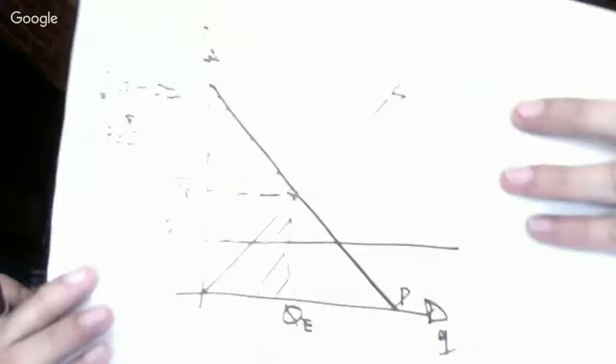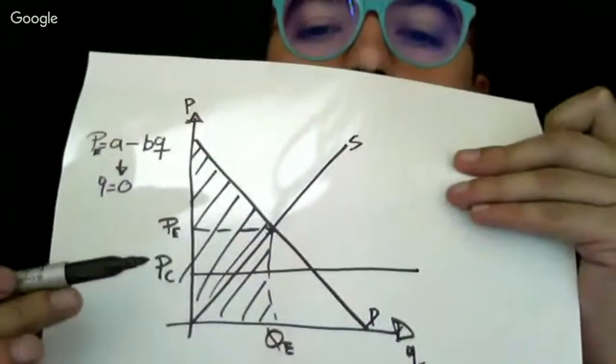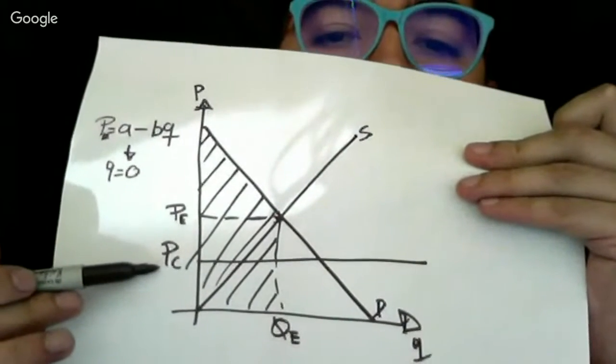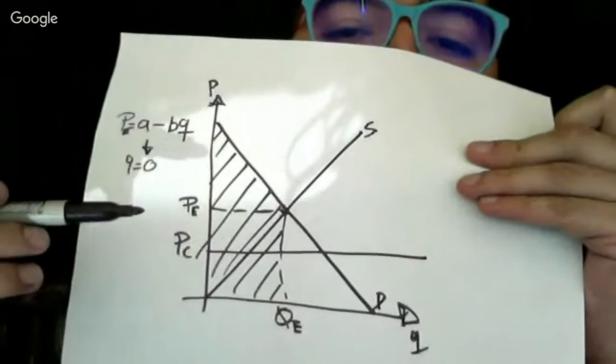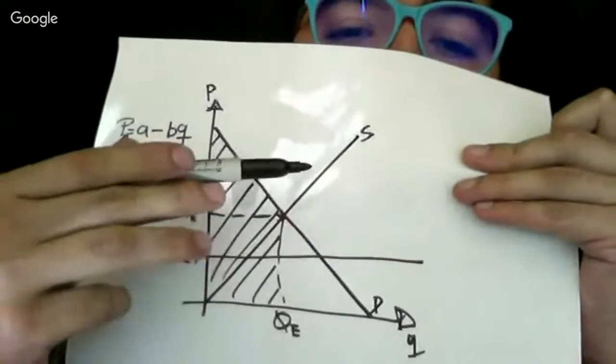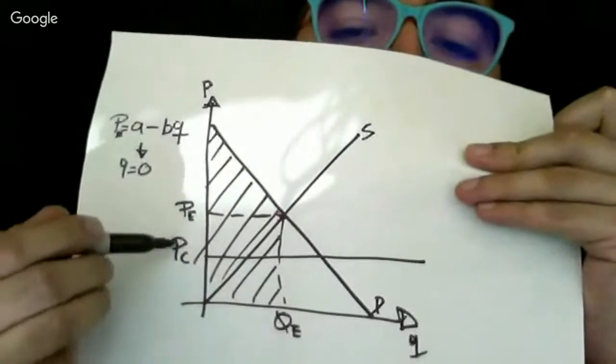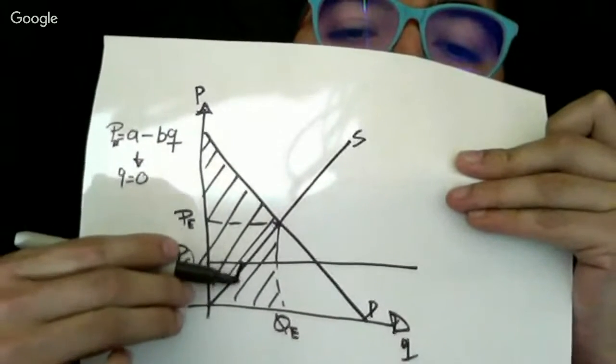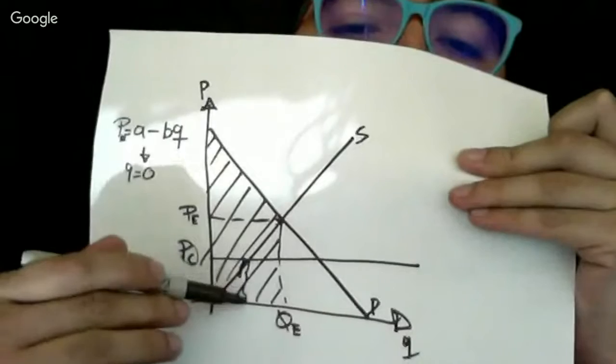If a price ceiling is introduced here, the quantity sold to consumers is going to be where the price ceiling intercepts the supply curve.